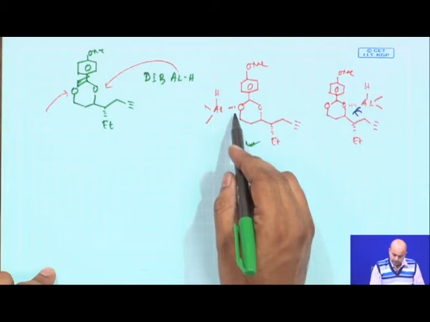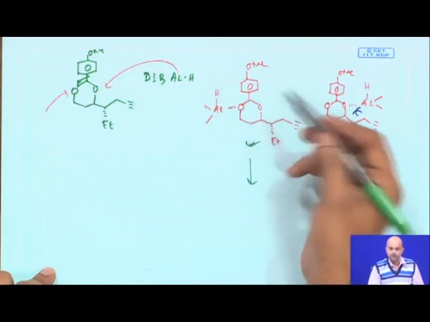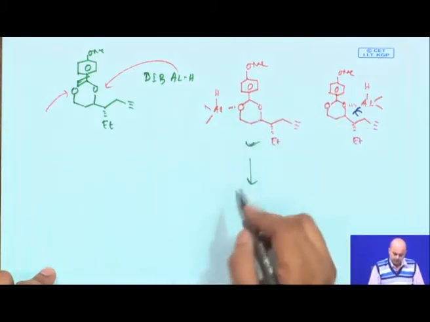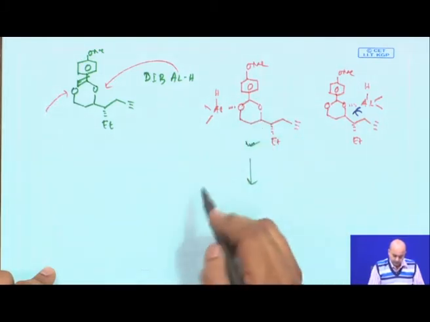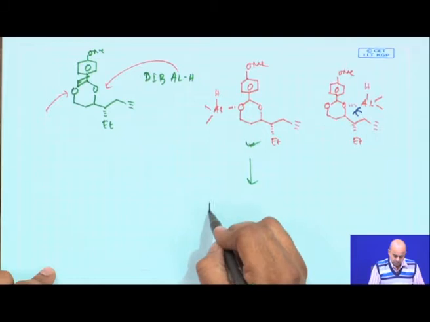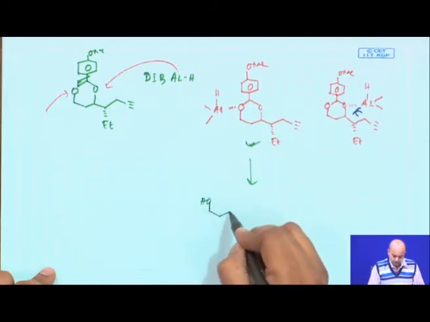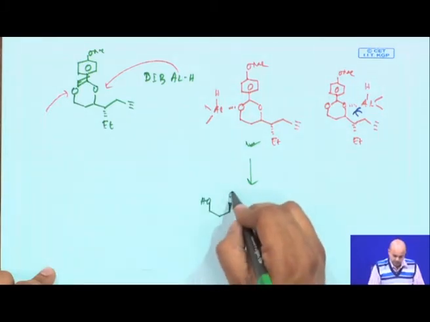As this is formed, a similar kind of mechanism to how these acetals are opened up applies. Once it opens up, you generate this compound. The stereochemistry we did not mention, but it will remain the same.